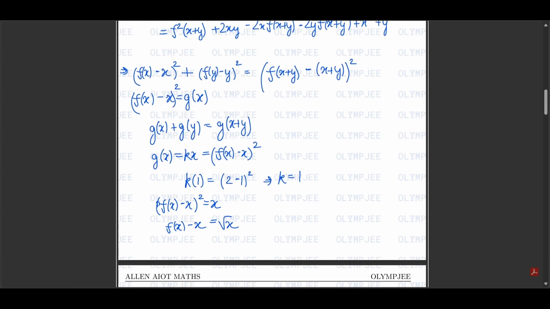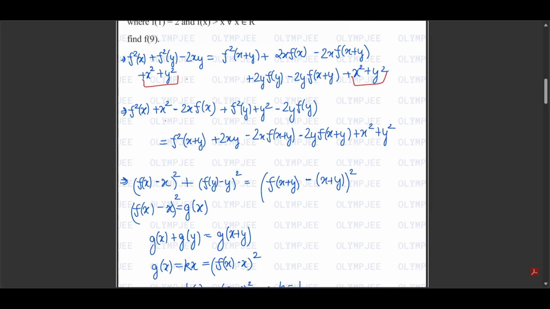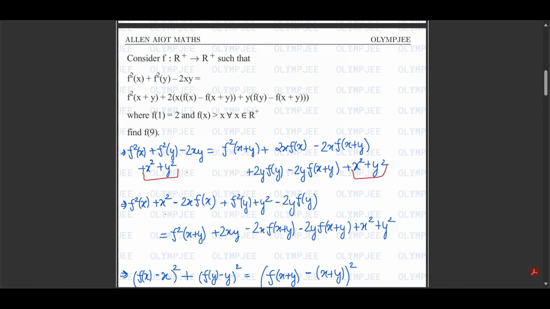If I take the square root, f(x) minus x is equal to root x, which gives us f(x) is equal to root of x plus x. So if I put 9 here, which I have to find, I will get f(9) is equal to 3 plus 9, which is equal to 12. So the answer is 12.